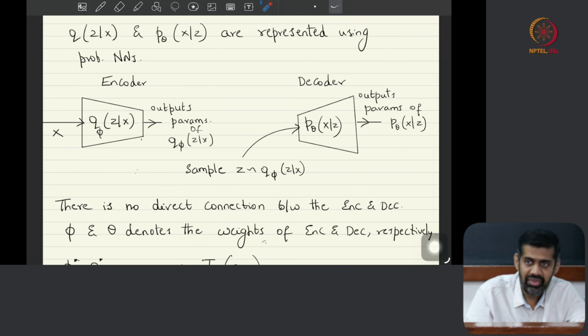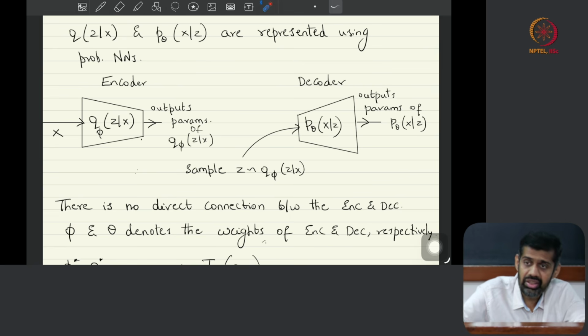So now we have a neural network that is representing the distribution q of z given x in a probabilistic manner, in the sense that it outputs the parameters of q phi of z given x. It takes x, which is one realization of the random variable x, as input. Let us represent the parameters of this neural network using phi and call this the encoder neural network. I will tell you why it is called the encoder neural network. I think it is for obvious reasons, right? It's giving you the distribution of q of z given x. That is one neural network.